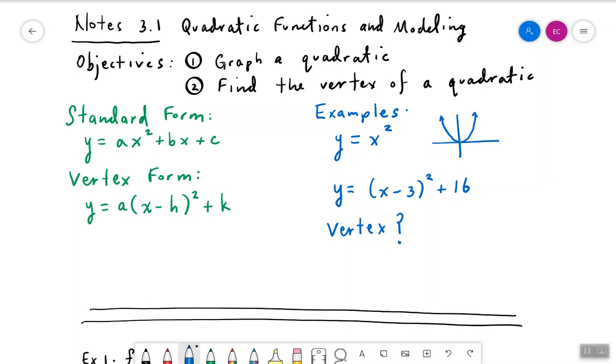And we learned in chapter 2 about transformations of the basic functions, transformations of y equals x squared, for example. We can use transformations to find the vertex of this new parabola. So, do you remember how the minus 3 inside the basic function affects the graph?